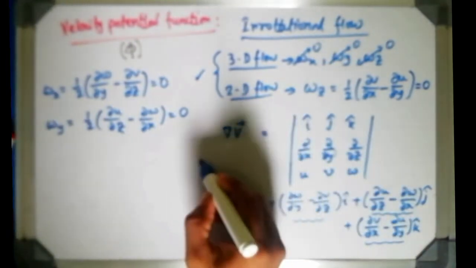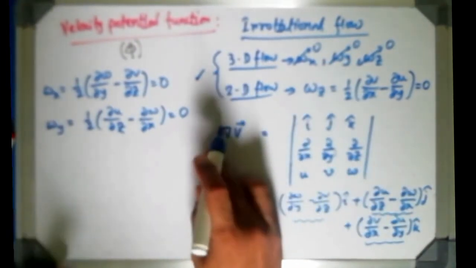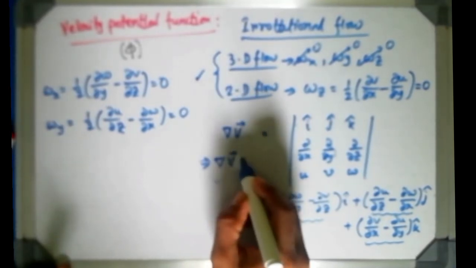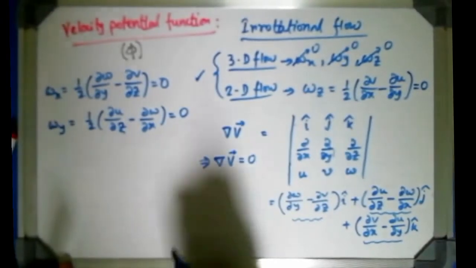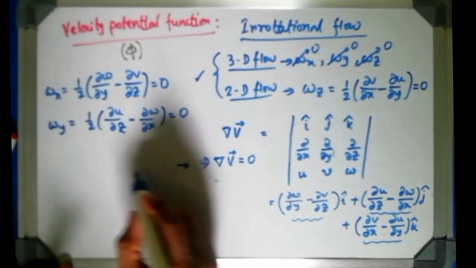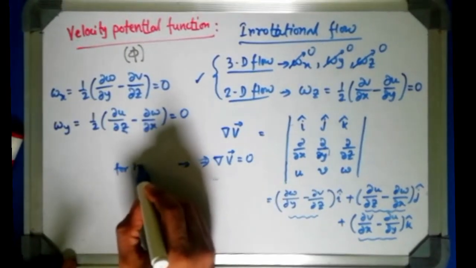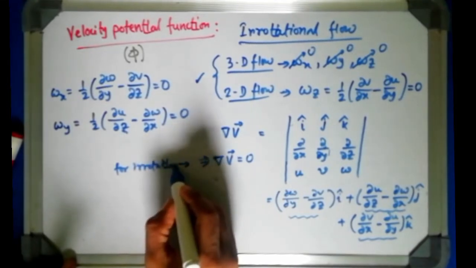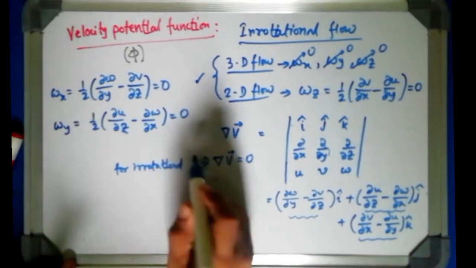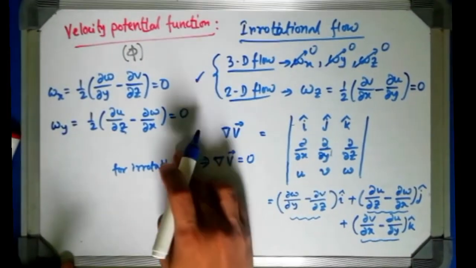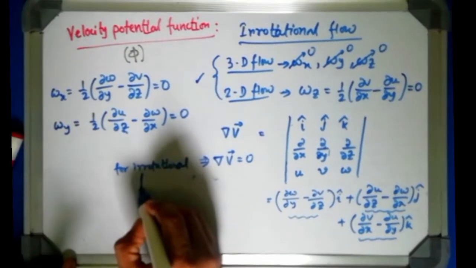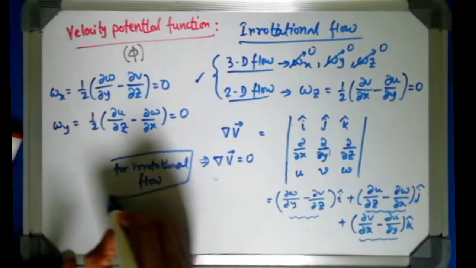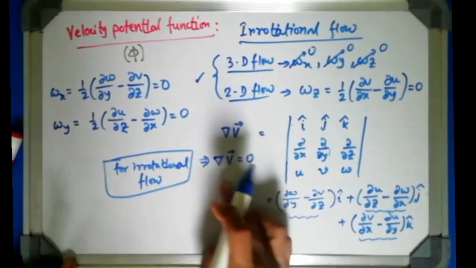That means we are getting from here that curl of V is equal to 0 for irrotational flow. It may be 2D flow, it may be 3D flow, but for irrotational flow the curl of V will always be equal to 0.